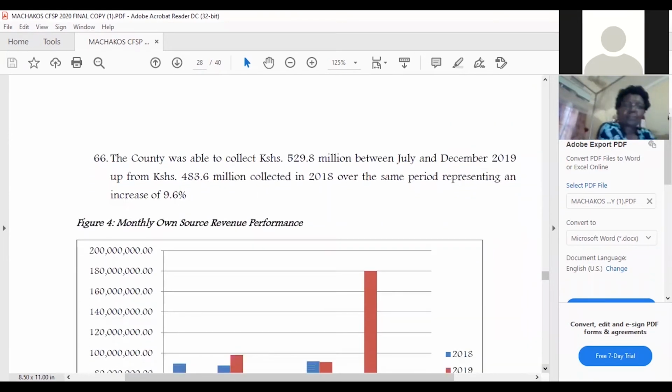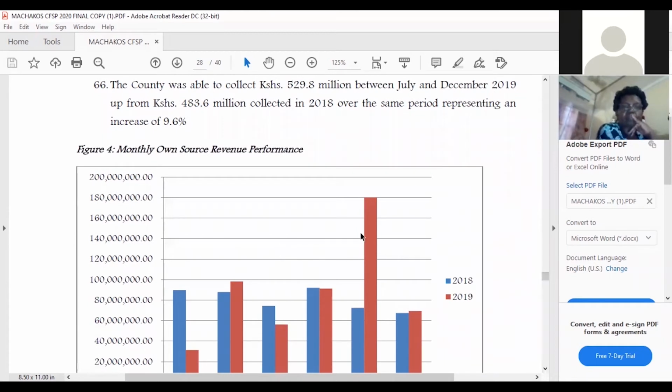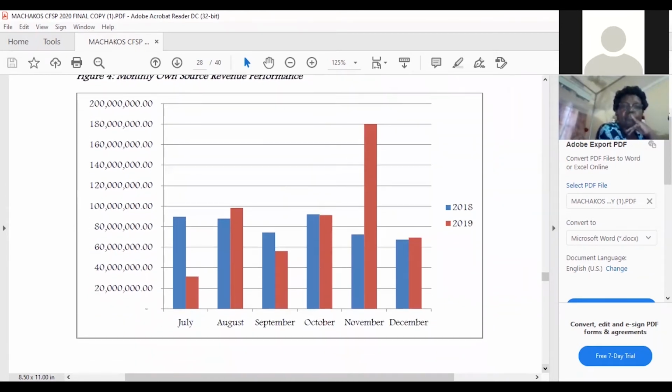So they're saying the county was able to collect 529.8 million between July and December 2019, up from 483.6 million collected in 2018 over the same period, representing an increase of 9.6%. So this is very, very good. These are monthly on-source revenue figures. You can see this is for July 2018 and this is for 2019.